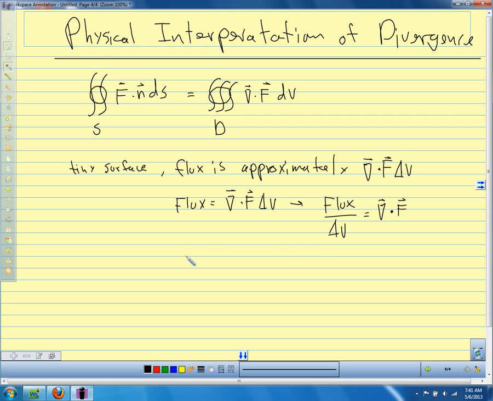We have that del dot F, the divergence, equals the flux per unit volume.